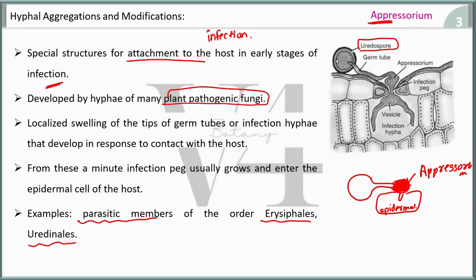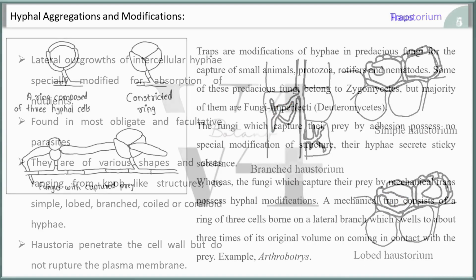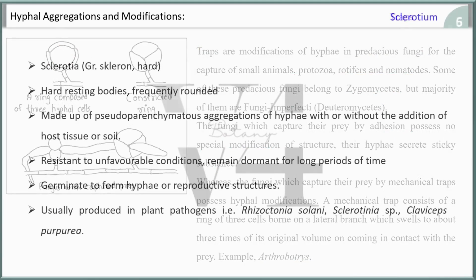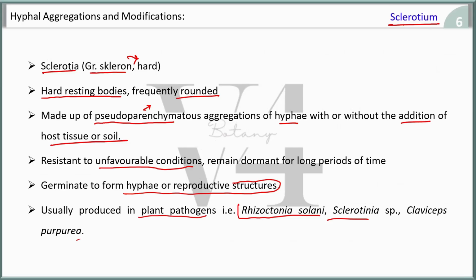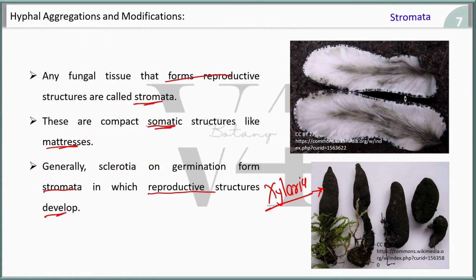Third, Appressoria, which are developed at the early stage of infection in plant pathogenic fungi. Fourth, Haustorium. Fifth, fungal traps, which are also called mechanical traps. Sixth, Sclerotium. And last, seventh, Stromata.